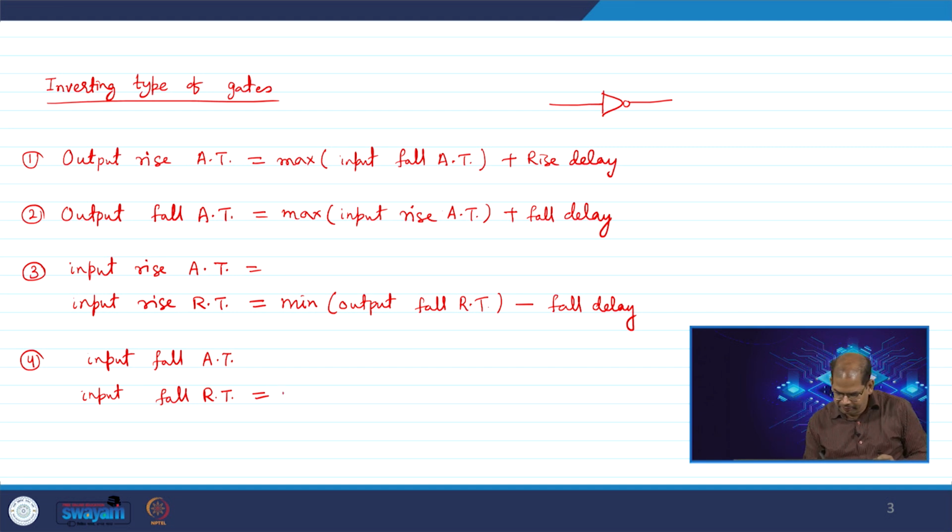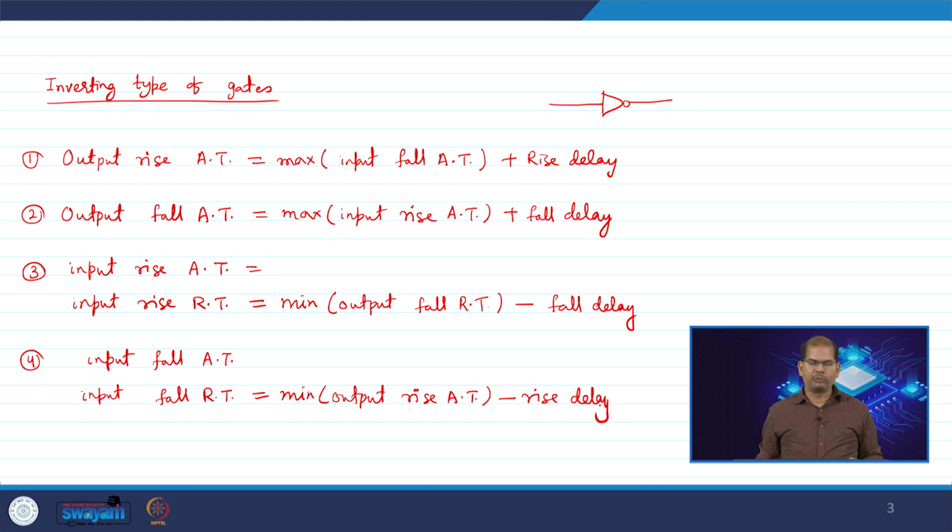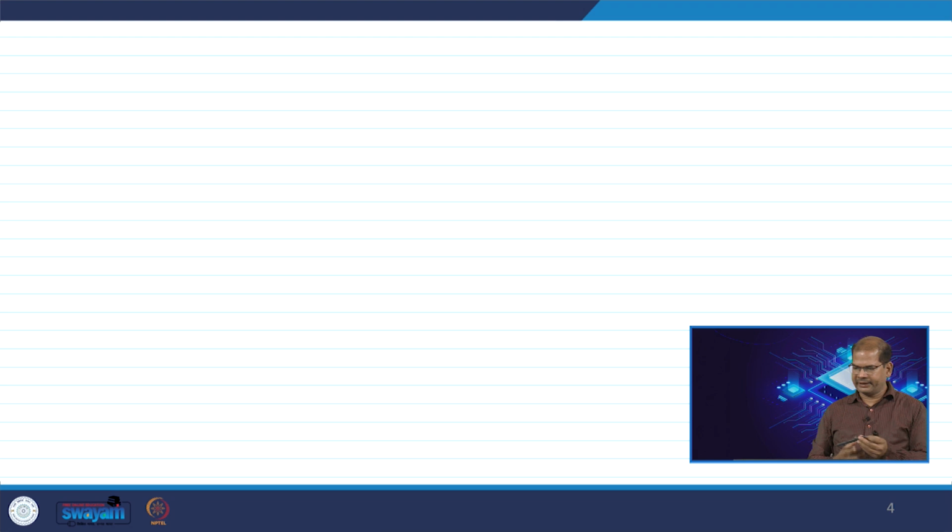So, I need to do the minimum of output rise required time minus rise delay. These are the four formulas I will use throughout my calculations. We will take an example and discuss how this happens.